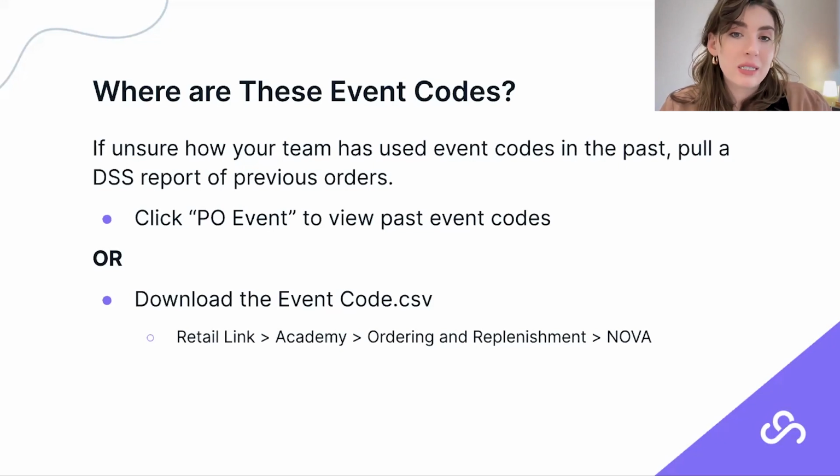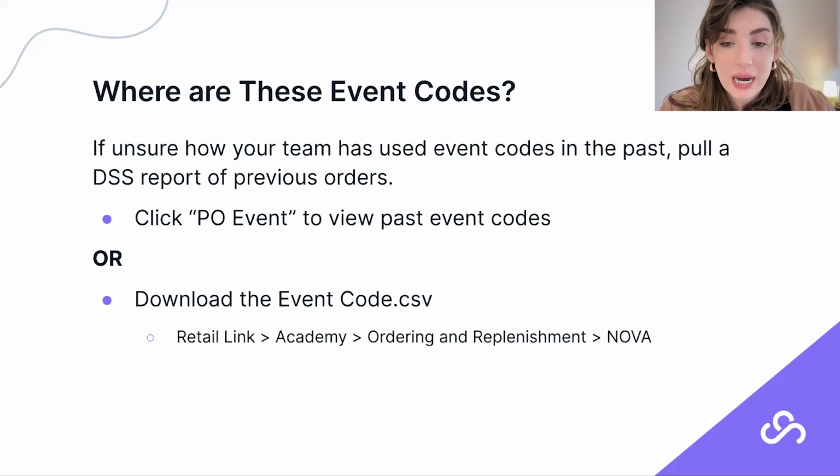That's a really easy way to say, okay, how has my merchant team wanted to categorize these particular events in the past? And you can actually click on PO event and add that to see past event codes to see how your team has categorized those.